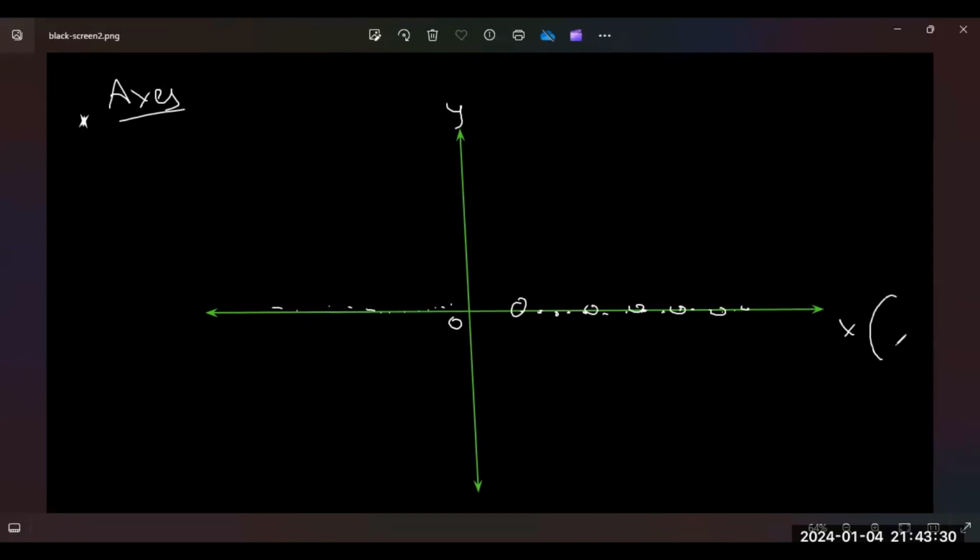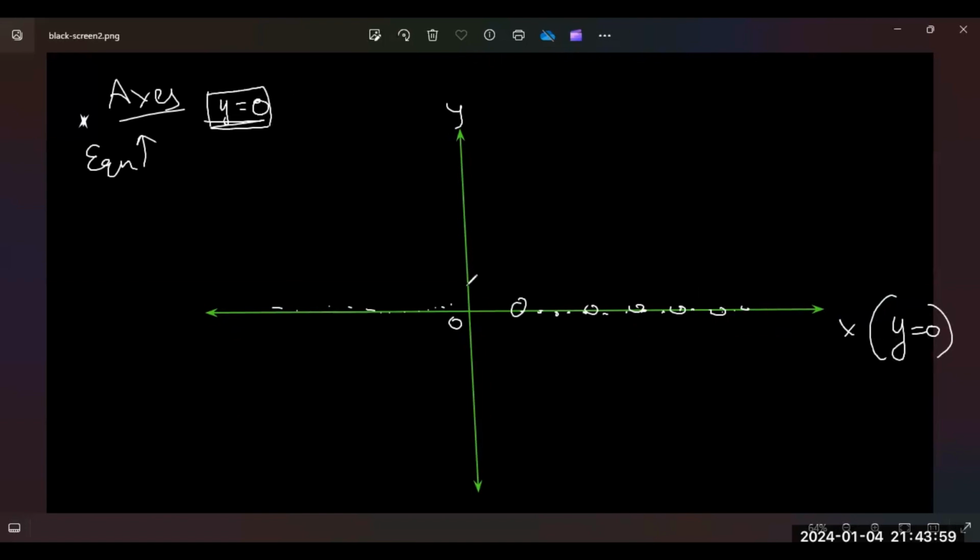Hence, we will write y equals 0 as the equation of the axis. It's a defining feature of the x-axis. Every point on it satisfies the equation y equals 0. Conversely, anything which satisfies this equation will lie on the x-axis.